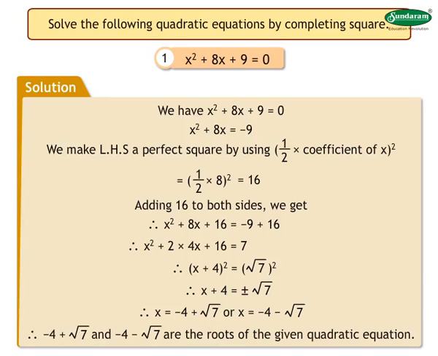Therefore, -4 + √7 and -4 - √7 are the roots of the given quadratic equation.